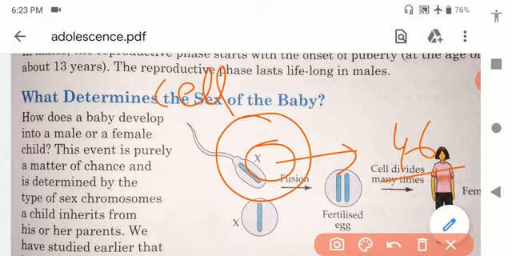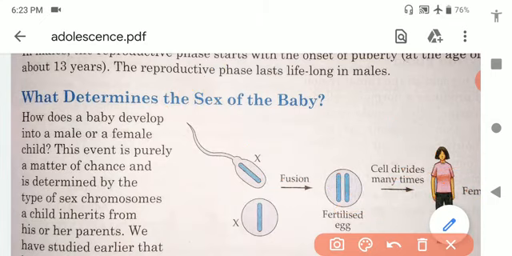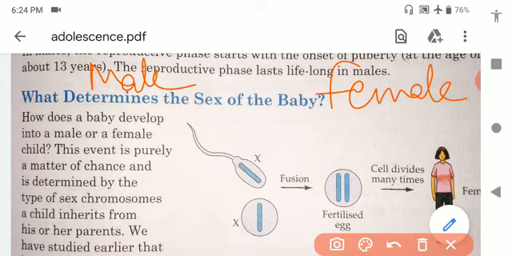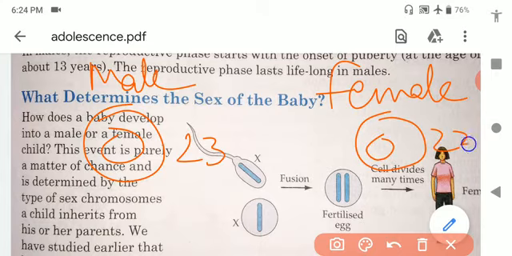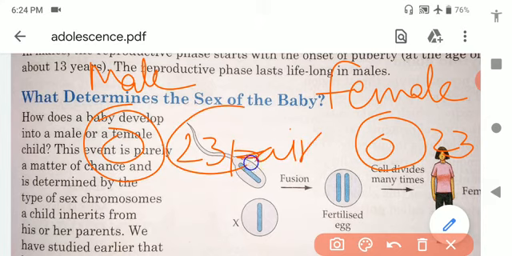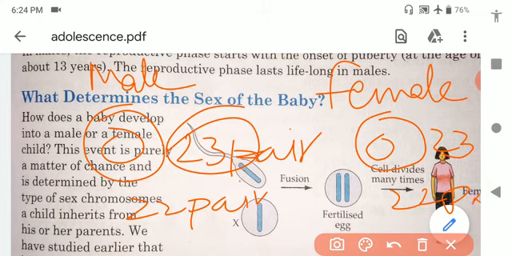So this 46 can be called 23 pairs. In both male and female, the number of chromosomes inside the cell is 23 pairs. Of these 23 pairs, 22 pairs are the same in male and female. Only the last pair, that is one pair, is different.